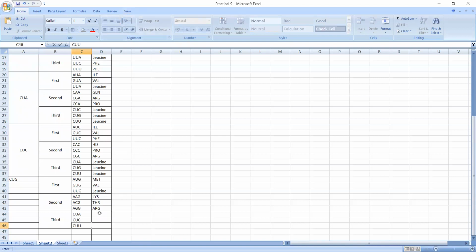CUA is leucine itself. CUC is again a leucine, and CUU is also a leucine only. So there are no changes if there is a change in the wobble base. All right. Now last codon.